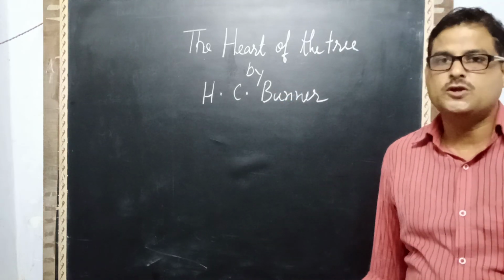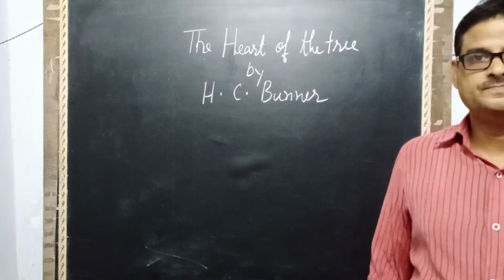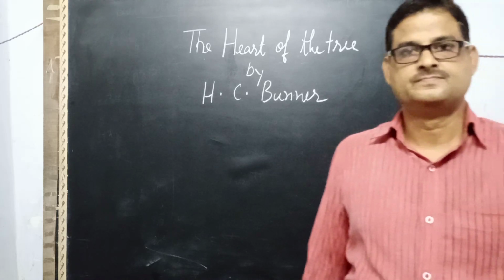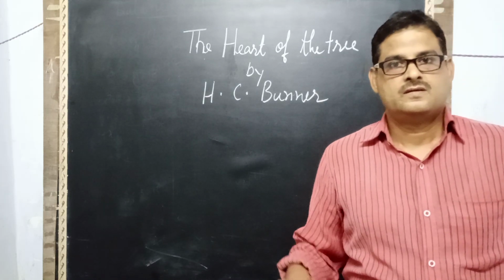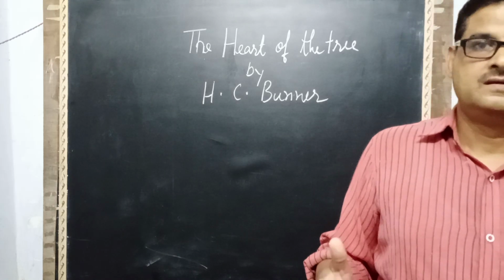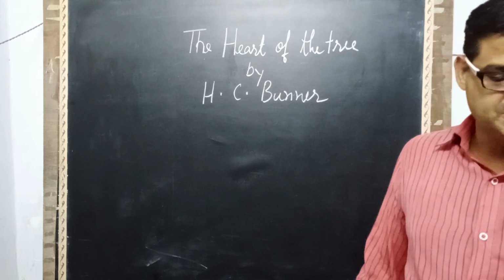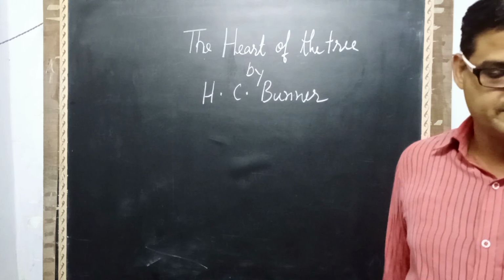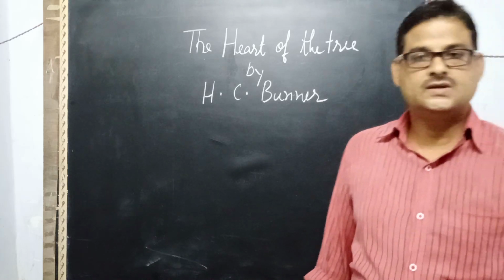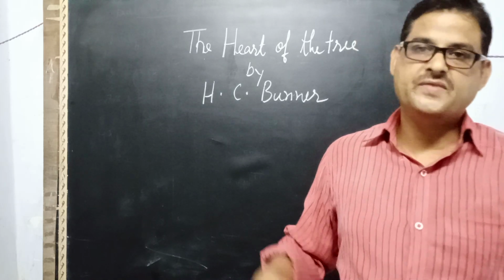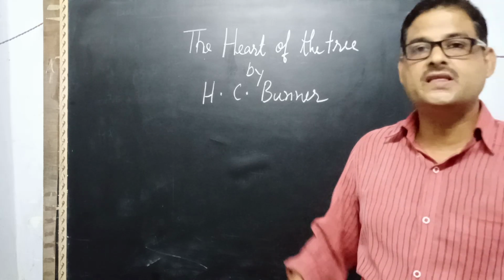In some places he uses metonymy. Metonymy is also a figure of speech in which a thing or concept is called not by its own name but rather by the name of something associated in meaning with that thing or concept.